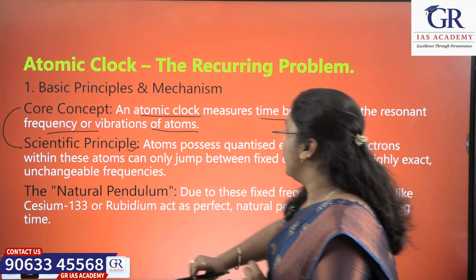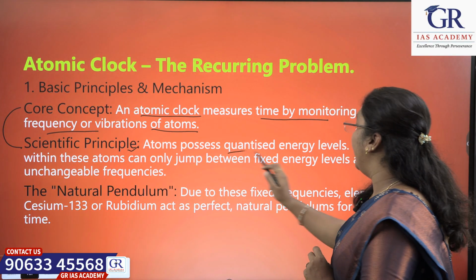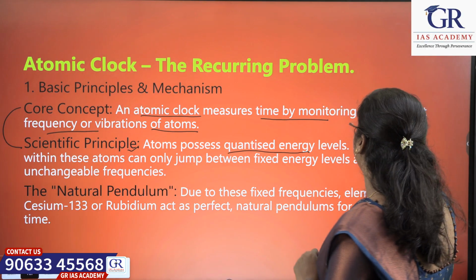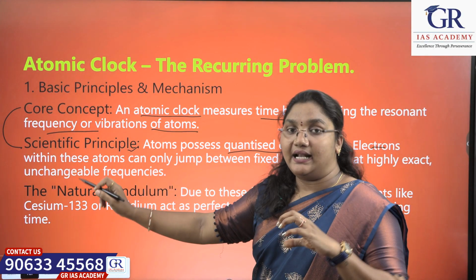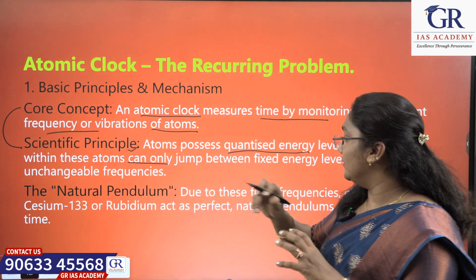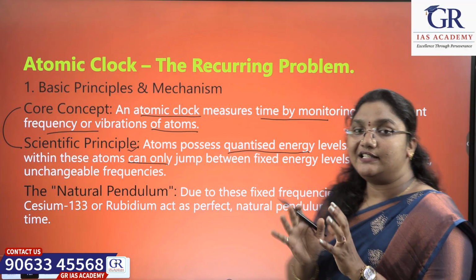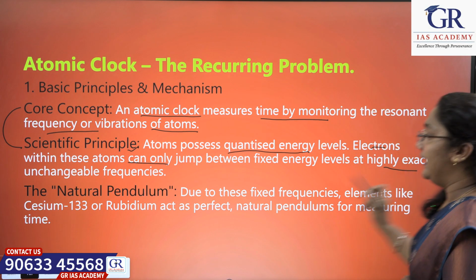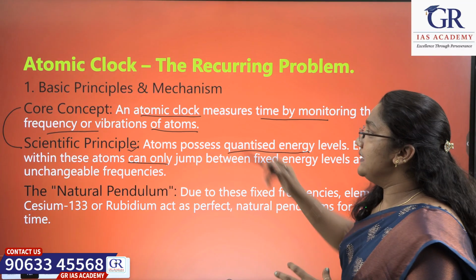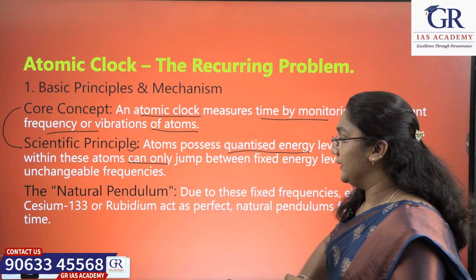Coming to the scientific principle, atoms possess quantized energy levels, where electrons within these atoms can only jump between fixed energy levels at exact, unchangeable frequencies. By these 2 principles, the atomic clock works.